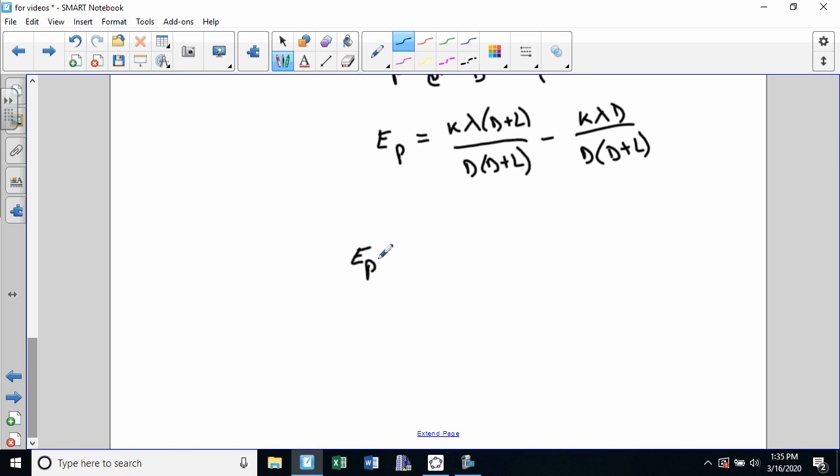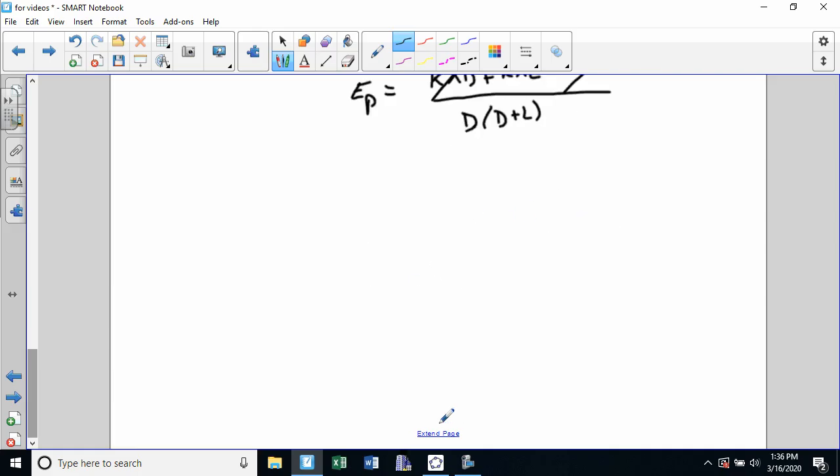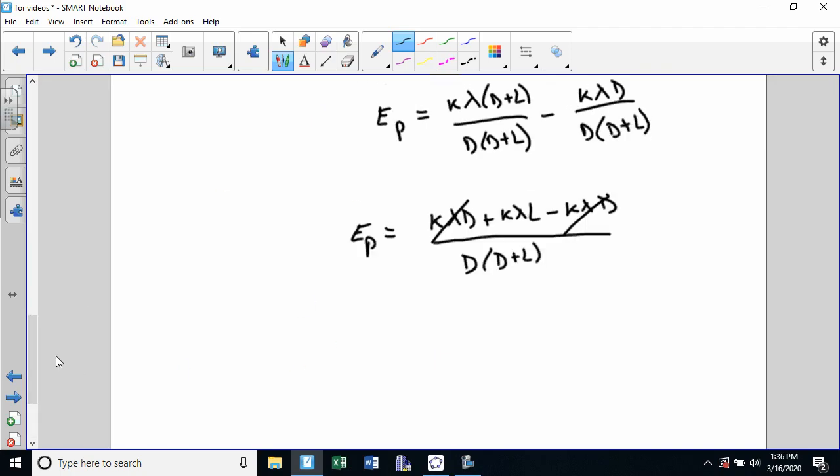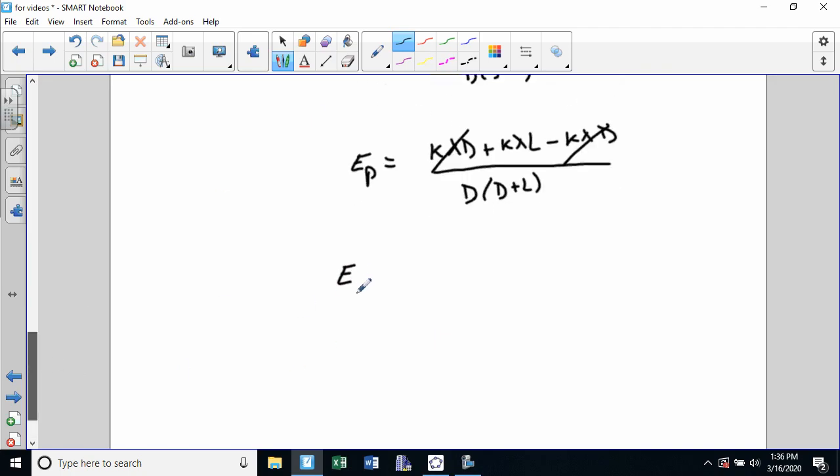So the electric field at point P is k lambda d plus k lambda L minus k lambda d, over the common denominator d times d plus L. But I notice up here on top that two of these factors are the same, k lambda d and k lambda d, so they cancel, and I end up with an electric field at point P of k lambda L over d times d plus L.